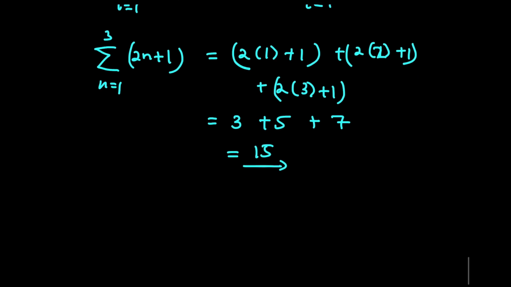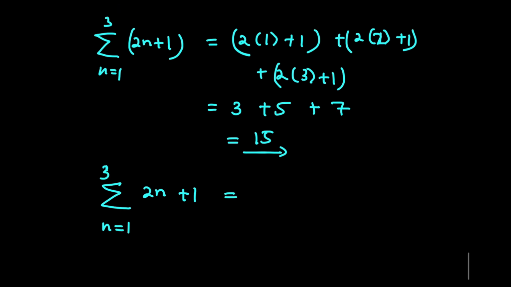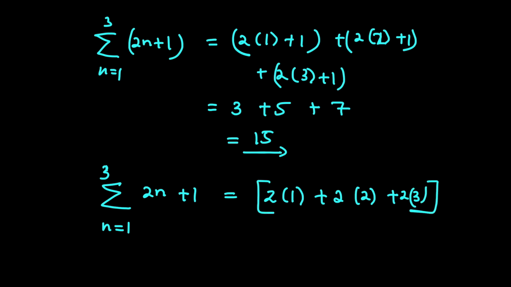So now if you've got the sum of 2n, plus 1, from n equals 1 to 3, what this simply means is that you've got 2 times 1 plus 2 times 2 plus 2 times 3, right? You sort of do that, then on everything now you add a 1.